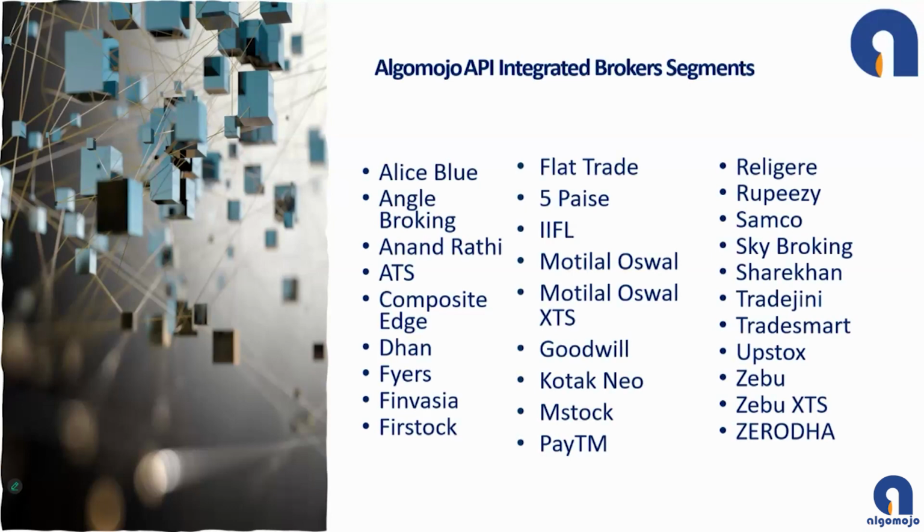We didn't have a tie-up with Zerodha. The API integration was done, but we did not have a tie-up with Zerodha for providing free platform usage. Currently, we have got into that agreement with Zerodha. So if you open an account using Algomojo as a platform referral, then you can get APIs for trading in Zerodha also free of cost for life.